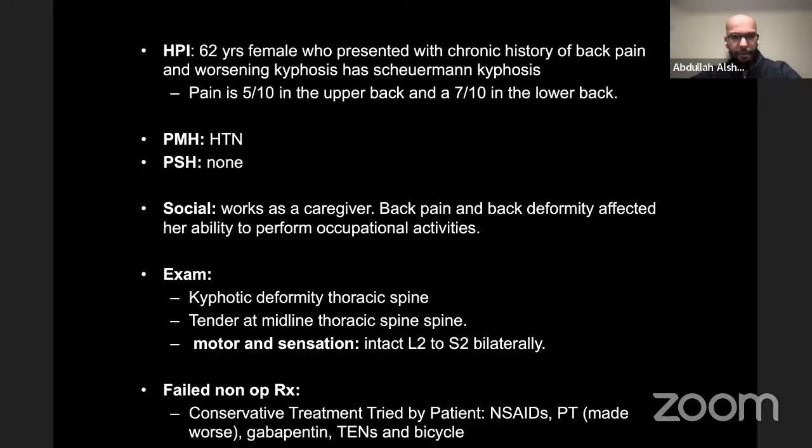And socially, she works as a caregiver, and she finds it difficult now to do her job. On examination, she had the kyphotic deformity in the thoracic spine and tenderness along the midline of the thoracic spine. Her motor and sensory exam from L2 to S1 is normal, and she failed non-operative treatment.